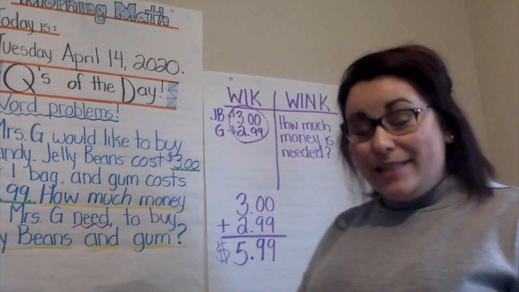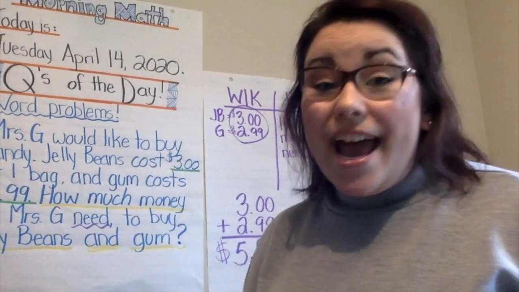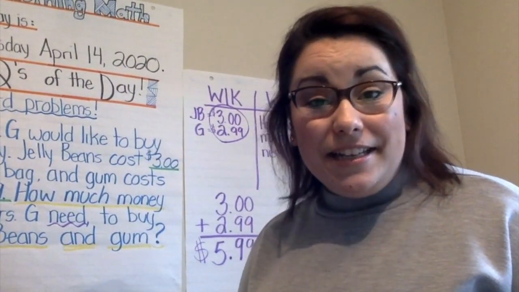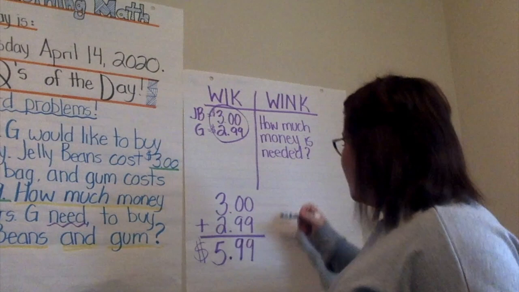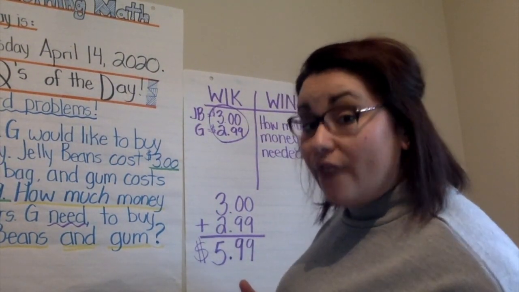$5.99. Because this is a word problem, there is one last step, and that is to write a sentence to answer the question. You should be taking vocabulary from the question.